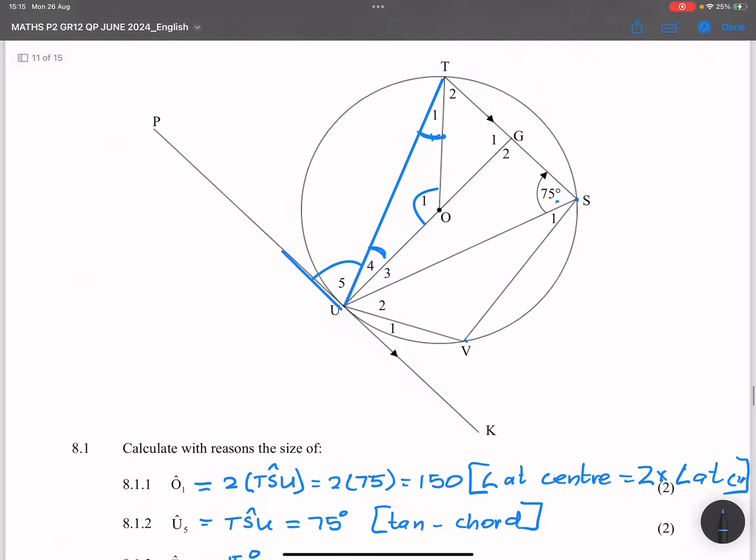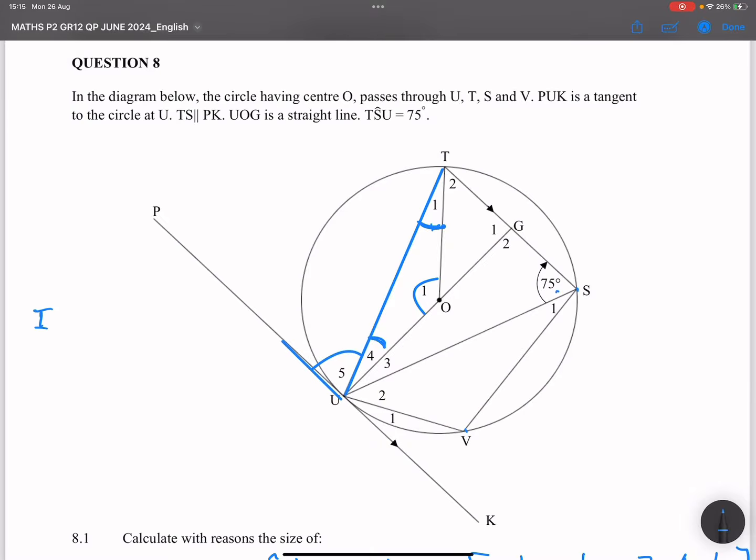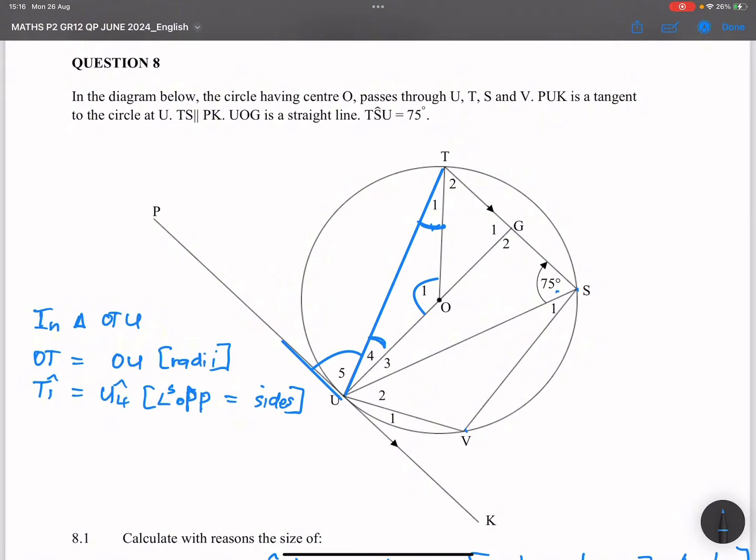But just to show you how we got that, in triangle OTU, because OT is equal to OU, those are radii, angle T1 is equal to U4. These are angles opposite equal sides, so that's an isosceles triangle.